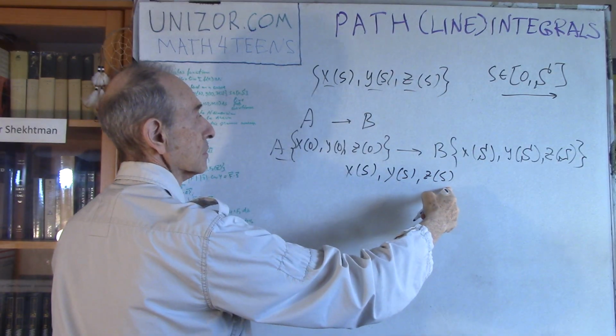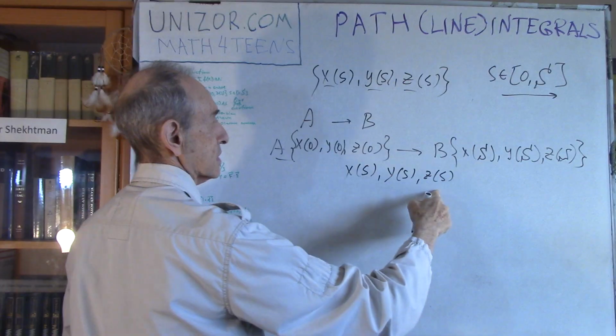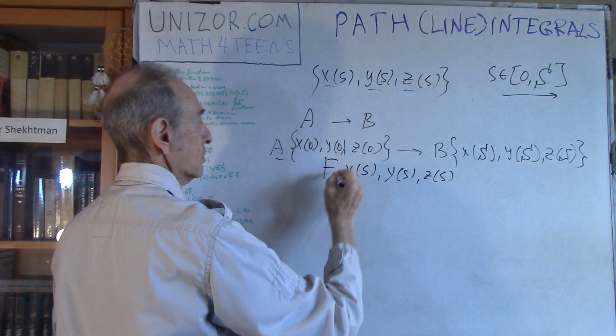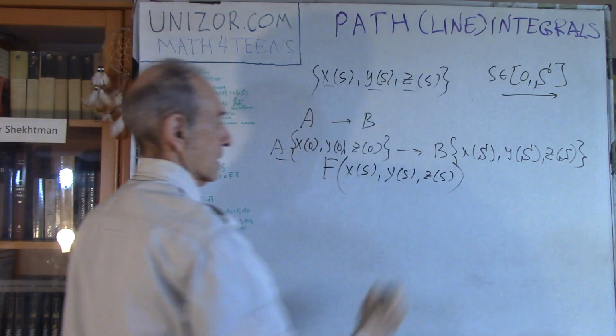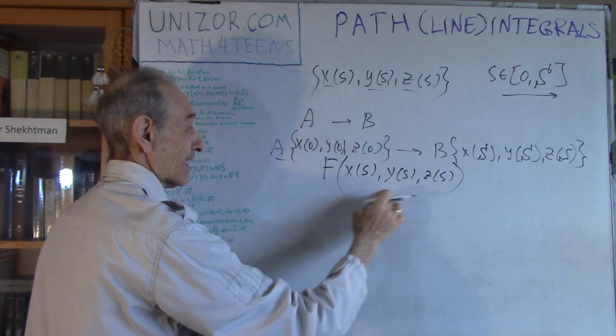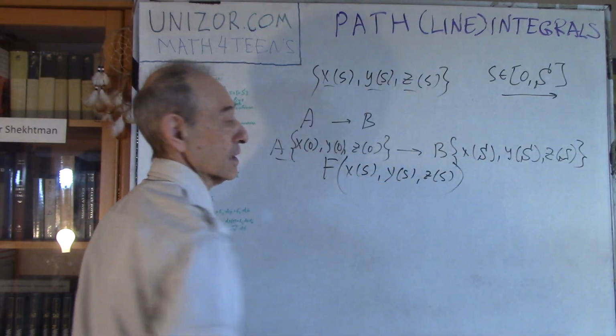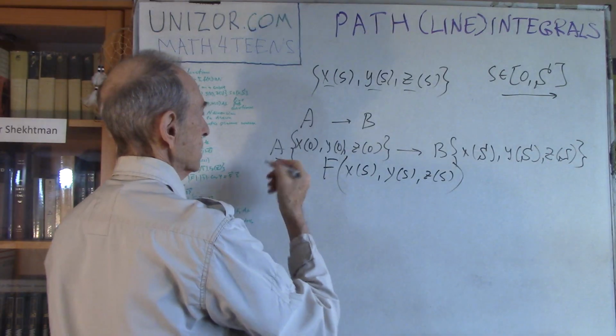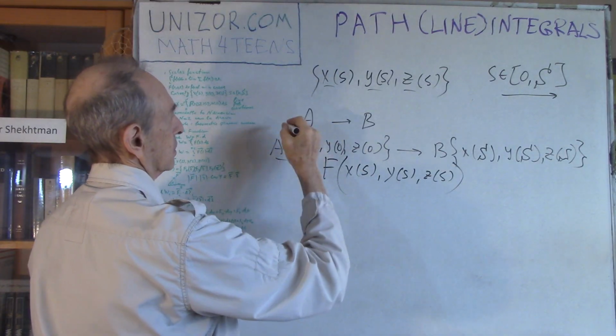This is the point when this s is somewhere in between. We have some value of the function. So function of a point becomes actually a function of one single parameter. Now, if this is a curve, let's call it gamma.